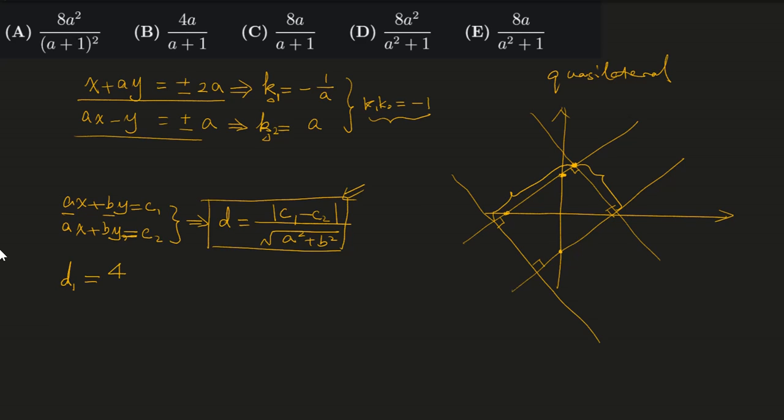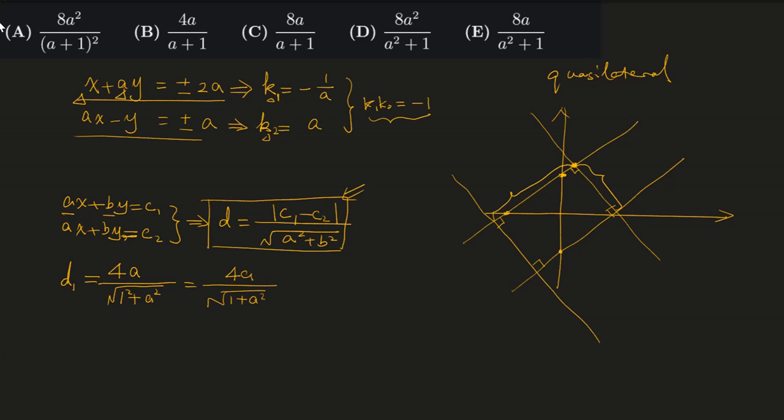So that gives 4a over the square root of, the coefficient of x is 1, so 1 squared plus the coefficient of y, that is a squared. And this equals 4a over the square root of 1 plus a squared, right?